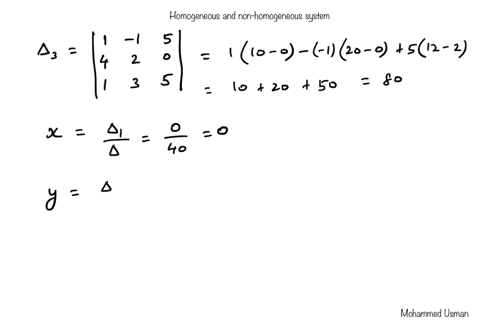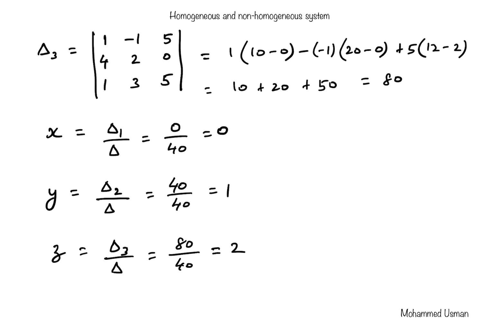Similarly, y is equal to delta 2 by delta, which is 40 by 40, which is equal to 1, and z equals delta 3 by delta, which is 80 by 40, which is equal to 2. So we have our solution as x equal to 0, y equal to 1, and z equal to 2, which is exactly the same answer we got using the matrix inversion method, right?